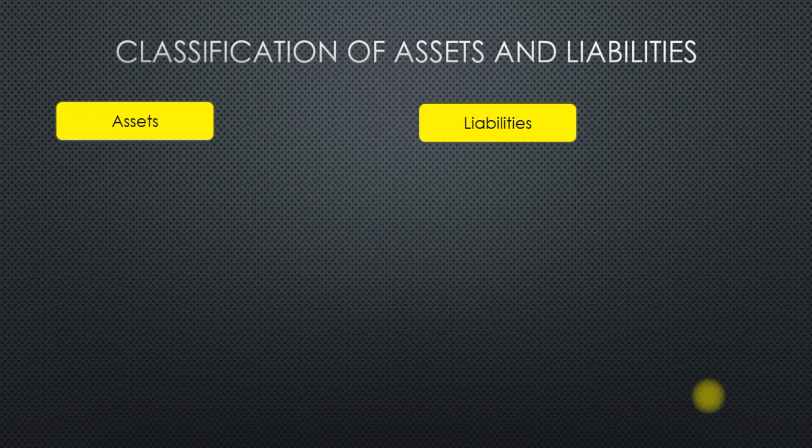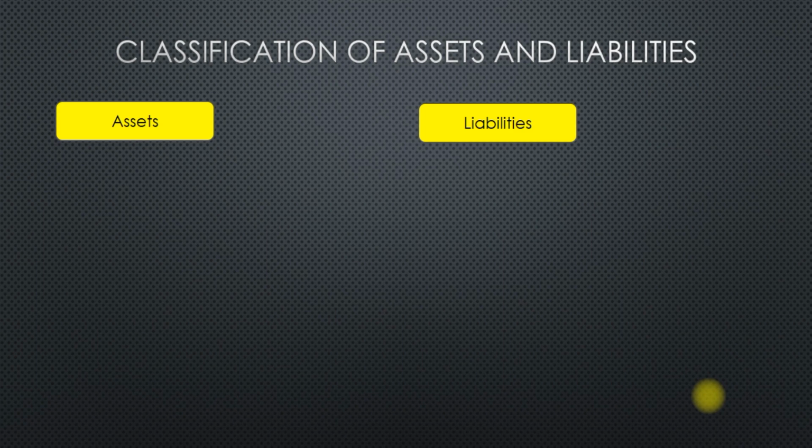Next, we will take a look at classification of assets and liabilities. What provides benefit to a business and what forms part of economic resources is termed as an asset. The main characteristics of an asset are that it results from prior events or transactions, it is controlled by an entity, and it provides future economic benefits.